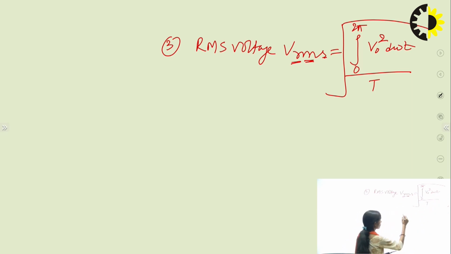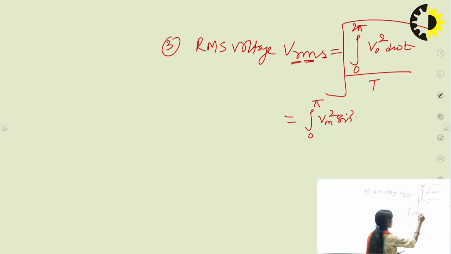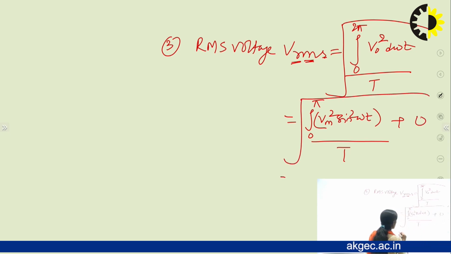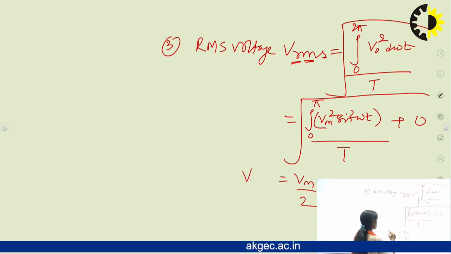Substituting the values again in the same way, 0 to pi, we have Vm square sin square omega t divided by T, plus 0, and now we take the square root of this. We again obtain the RMS voltage as Vm by 2. So this is the VRMS obtained in the case of the half wave rectifier.